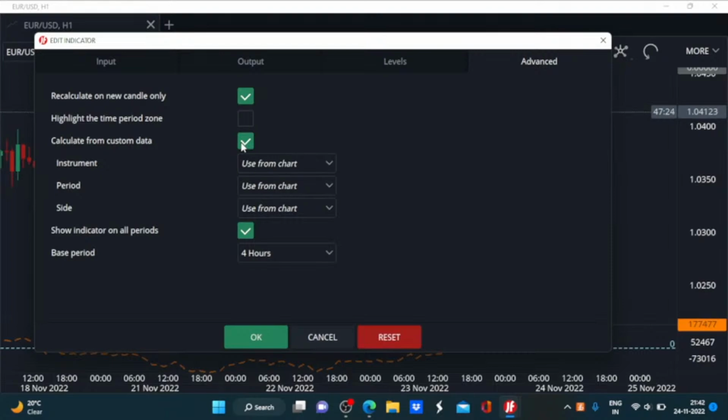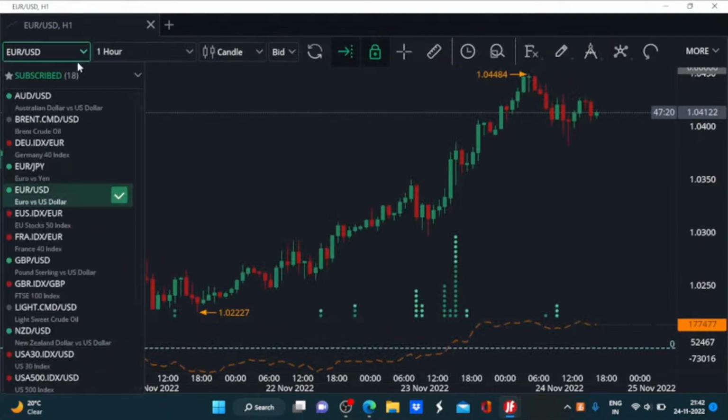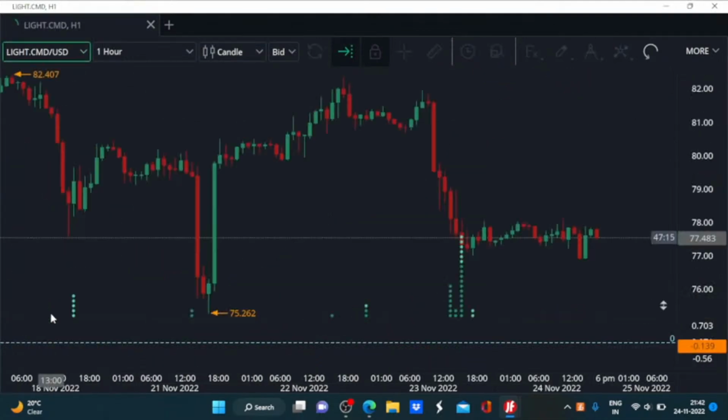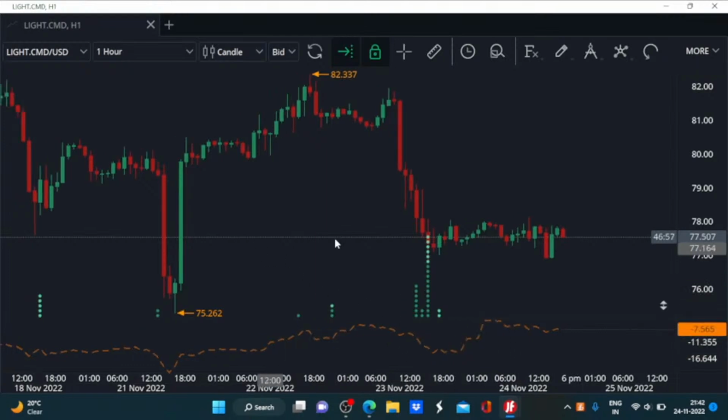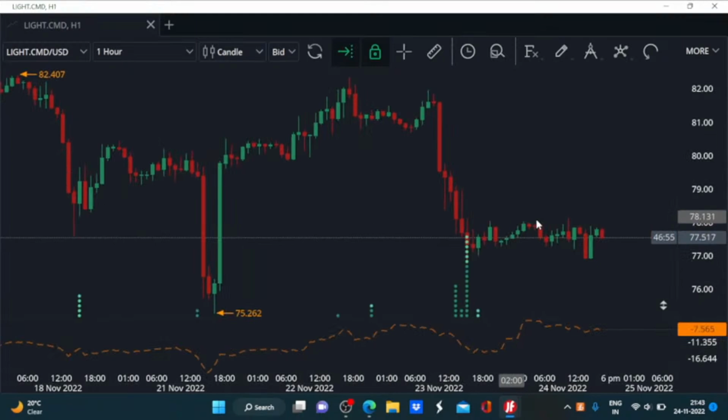You can use this indicator for almost all of the instruments supported on the platform. Suppose you want to use it on, say, the commodity segment where you want to know what's the development for the light crude oil, you can have a good look at this indicator's output value and figure out that the momentum is bearish, there is outflow of money, and if and when things turn more bullish, you can then try to go for the buy trade.